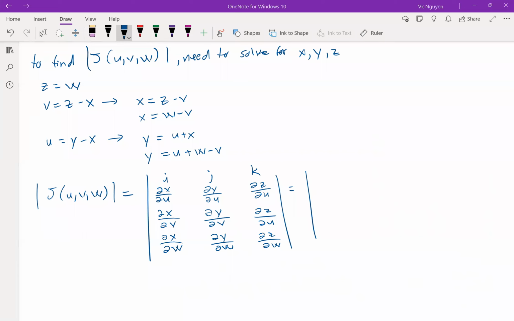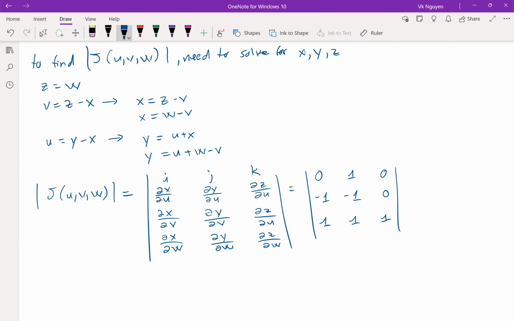Well, x with u: look at x there, there's no u in here, so it's 0. With v it's -1. With w it's 1. Oh, how nice. Then for y it's going to be 1, -1, 1, and for z it's going to be 0, 0, 1.